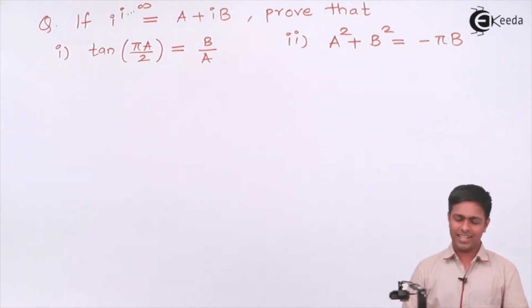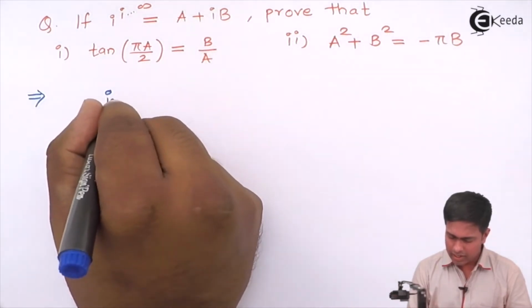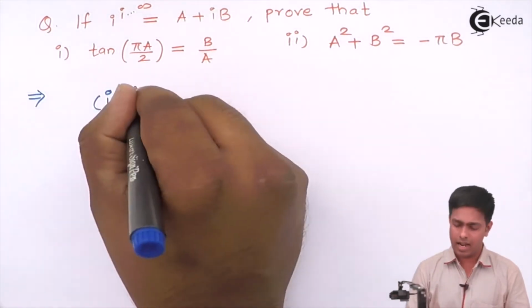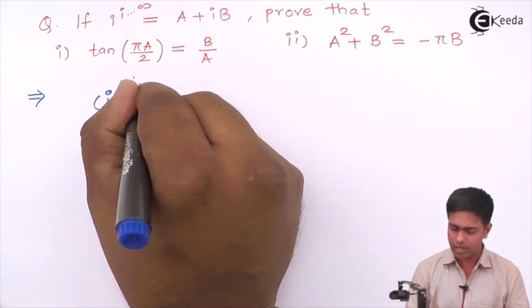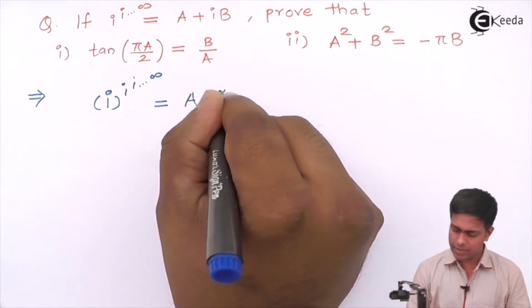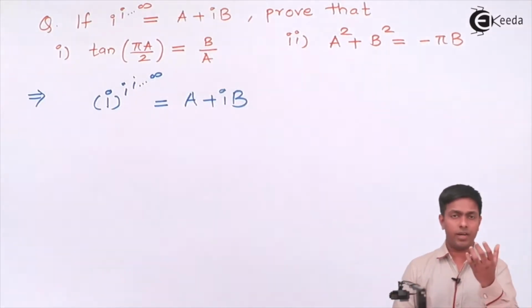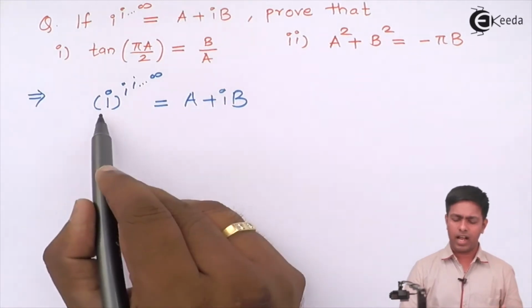So here I'll keep this i separate, and the remaining terms, i raised to till infinity, are equal to a plus ib. This is a given term. What I was saying is that I will remove one i from the base.